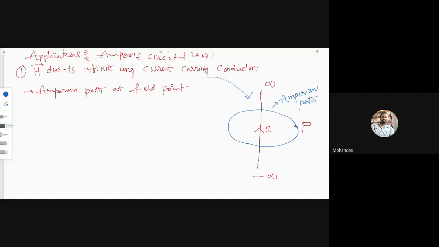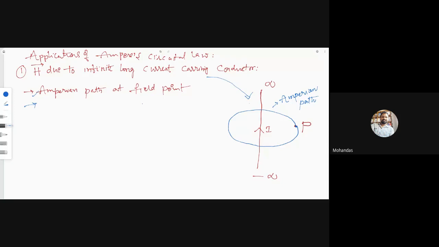Next, what is the second point here? So the first point is completed. Consider differential length dl. Yeah, so the differential length dl is to be calculated. First, we have to choose a suitable coordinate system.